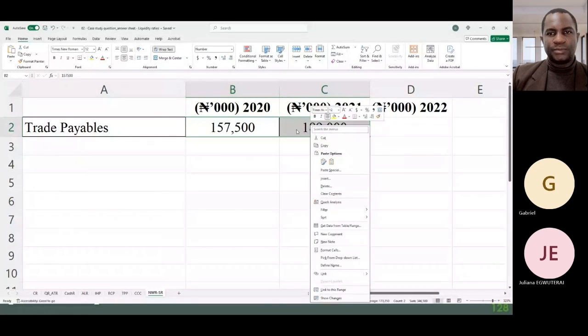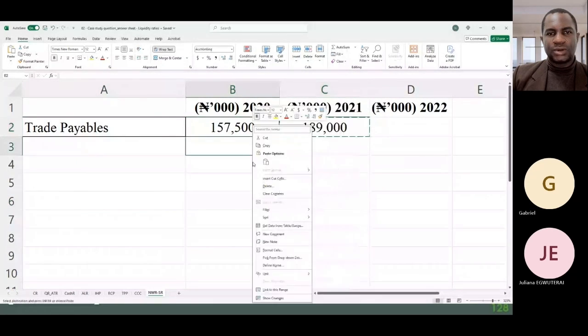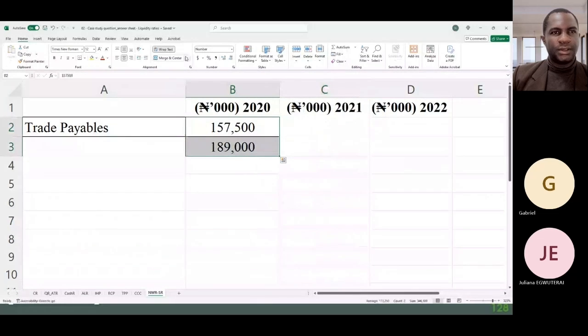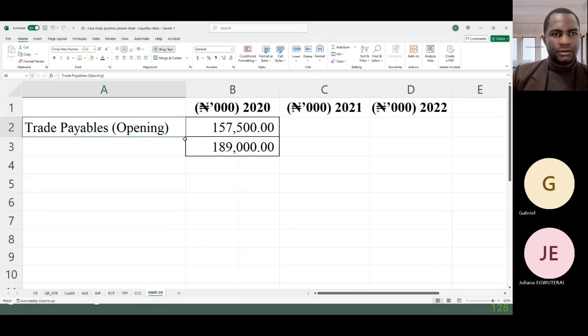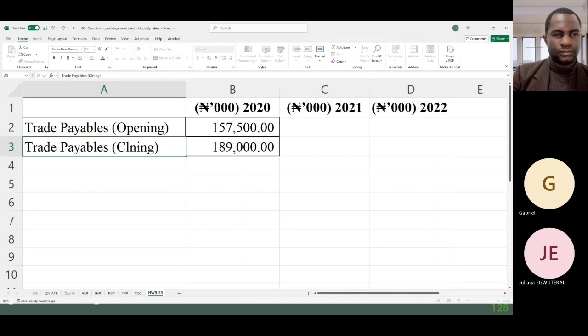So let's take the trade payables for the beginning and ending and use our calculator. If you have your calculator and your notebook, let's follow through. So this opening, and we have the closing. Okay, that's fine. So we have our average trade payables.